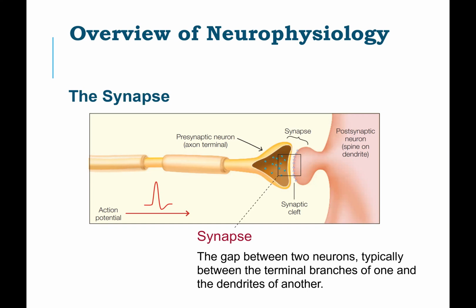It's presynaptic because we haven't reached the synapse yet, and the cell on the other side is postsynaptic, pre and post. There is a small gap between them, and this is the synapse; the gap is called the cleft.